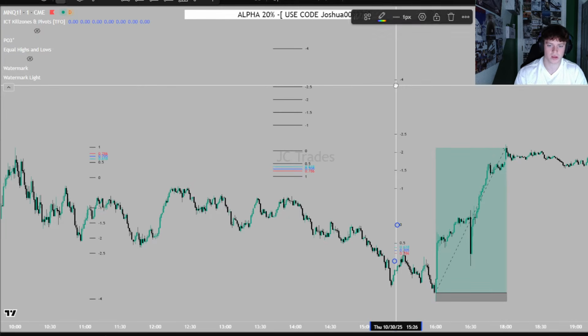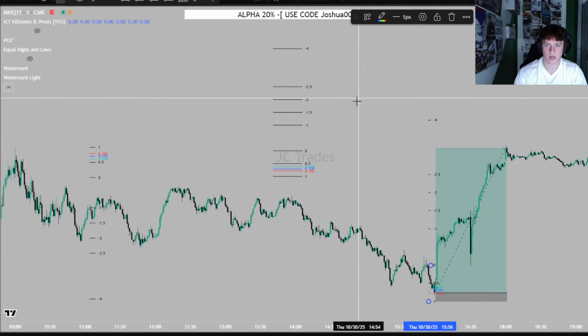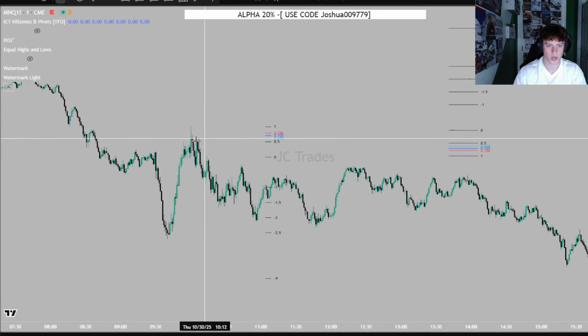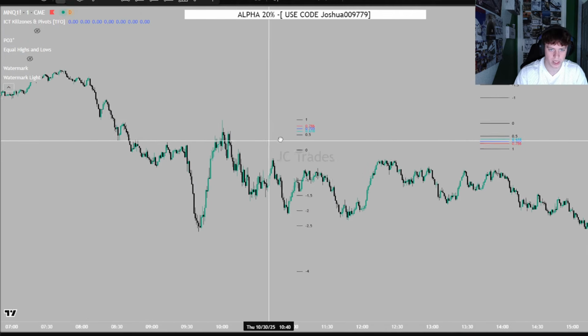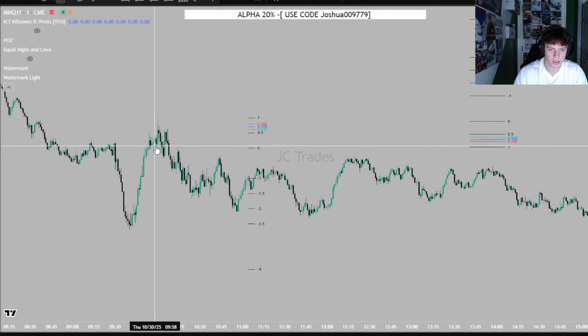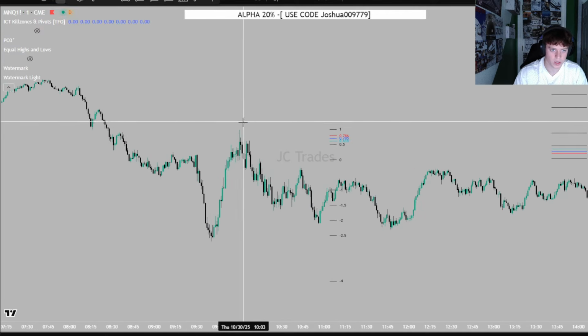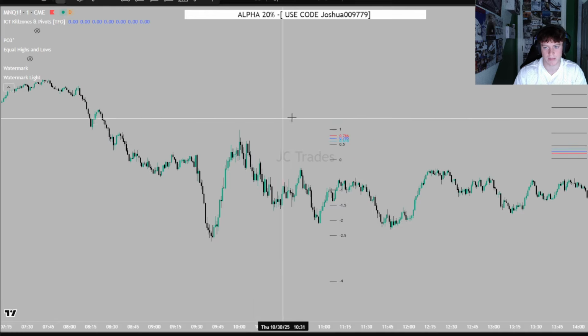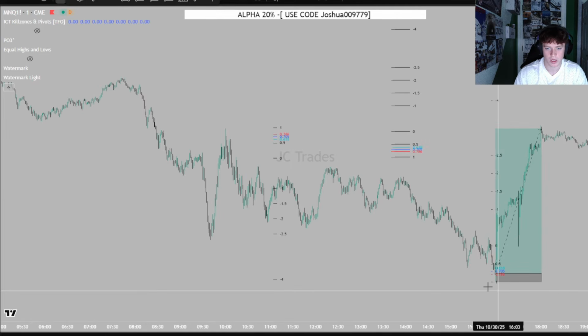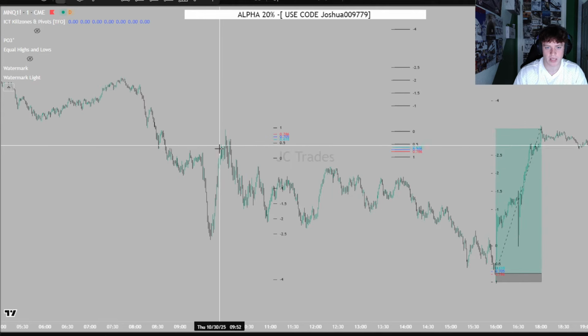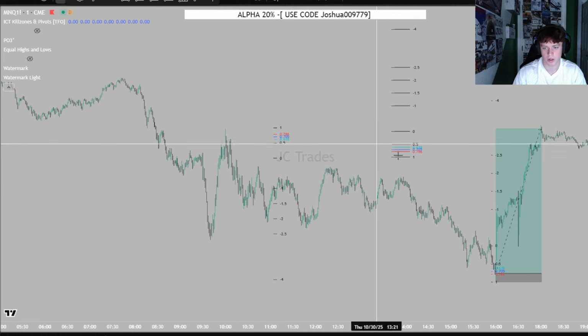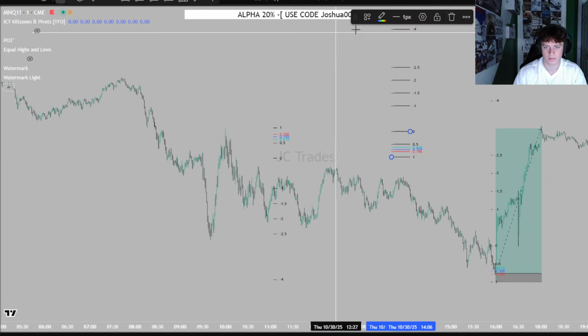So the theory is that if I measure this wick right here, this manipulation move, because it comes up, takes out liquidity, manipulates us into an imbalance, and then comes down, we should be able to predict by the size of this manipulation move up where price will turn around.